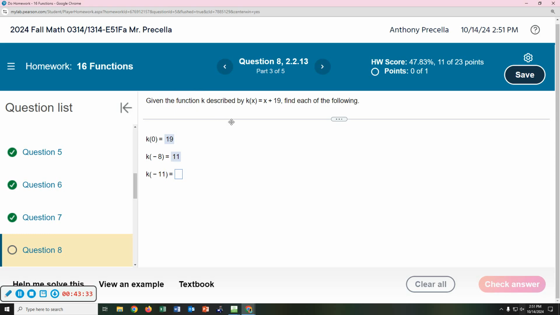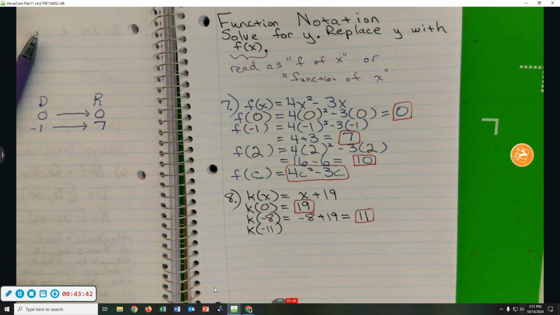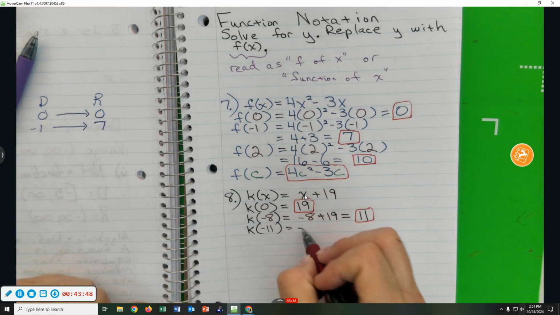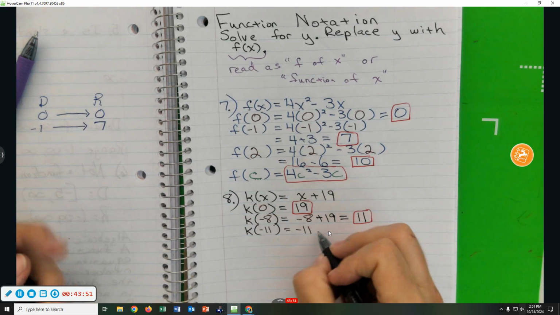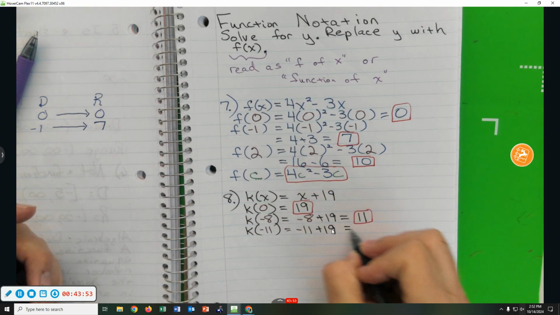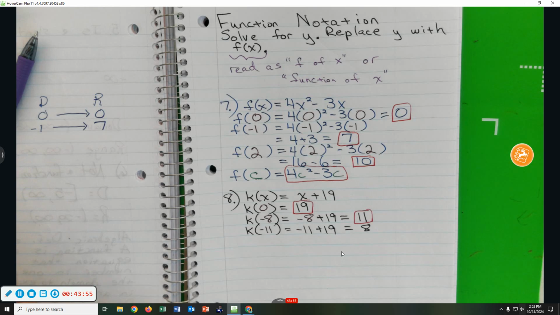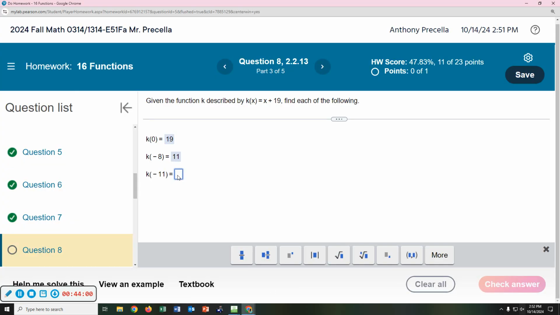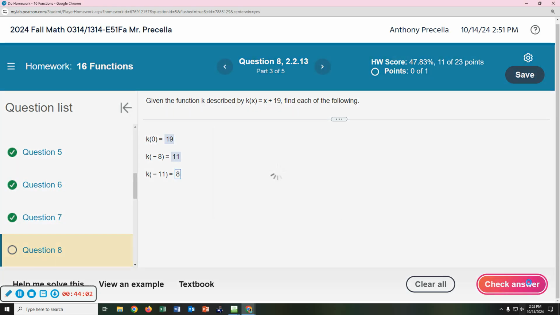So k of -11. Says go to the function k, replace any variable you see with -11. So we have -11 plus 19, which gives me a y value of 8. A lot of parts, but this isn't really difficult.